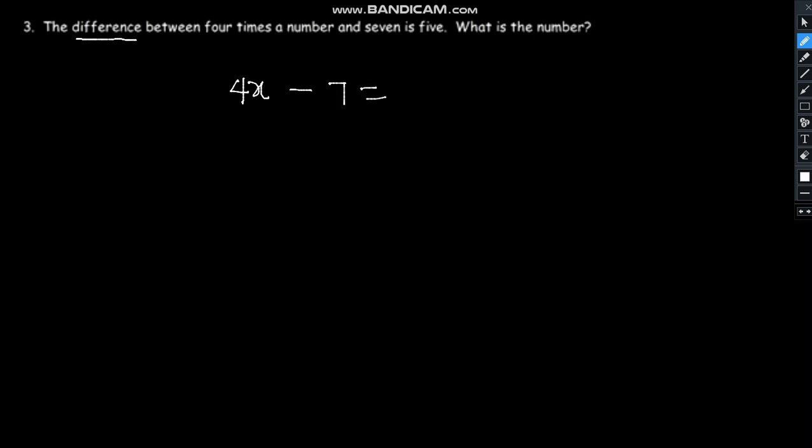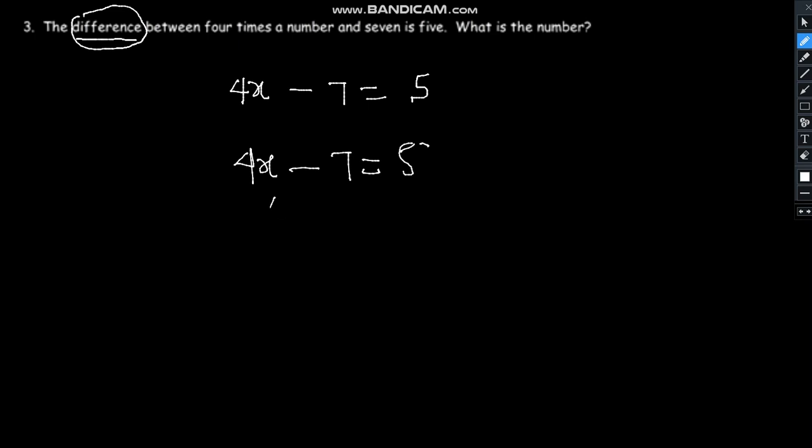The moment you hear difference, you have to write a negative sign. Between 4 times a number, so 4 times a number will be 4x, and 7, so I bring my 7, which is equal to 5.